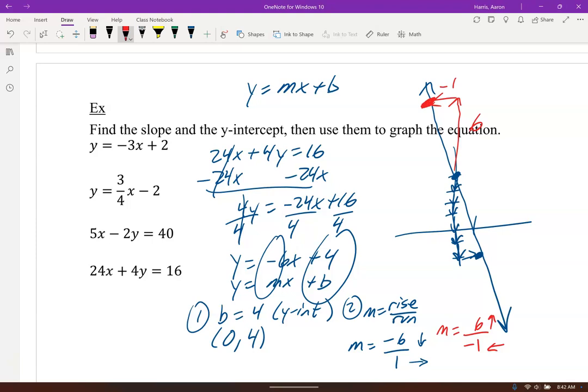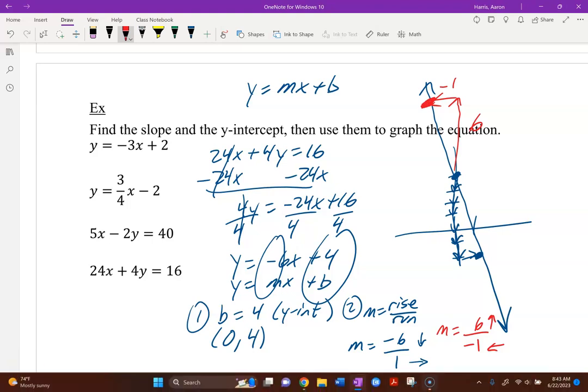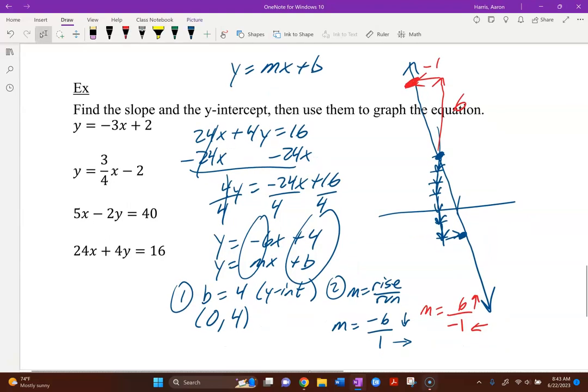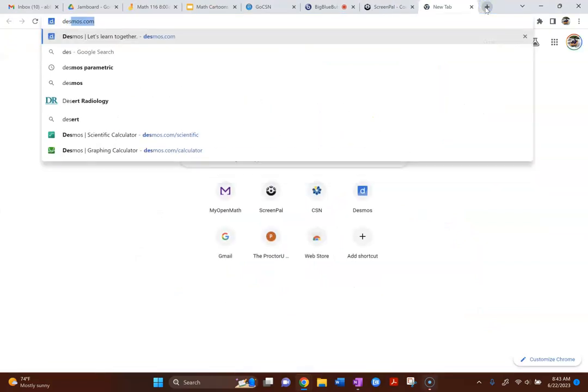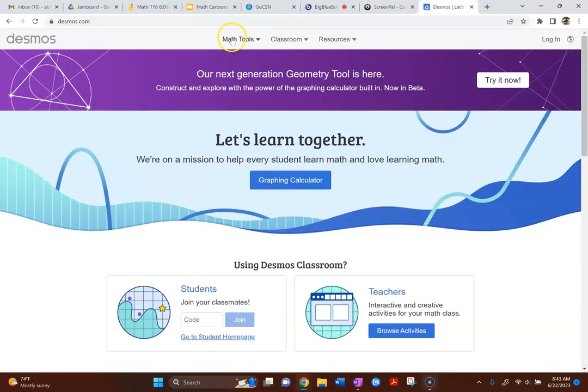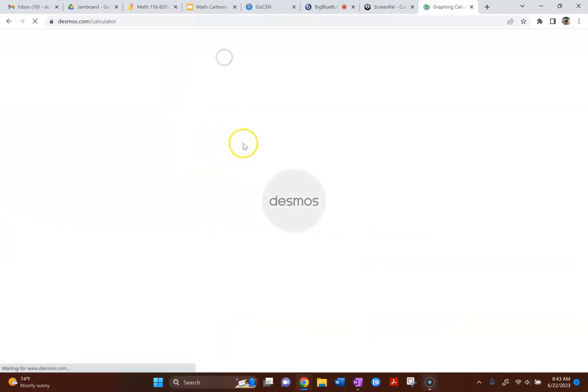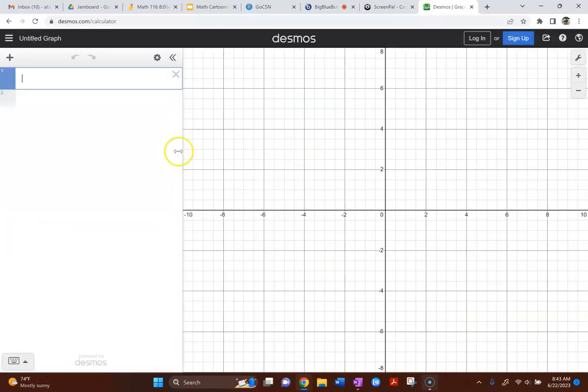Okay. And then, of course, always a good thing, do it by hand, and then you can check that in Desmos. So let's go ahead and do this last one by pulling up Desmos. Let's see here, desmos.com. Go ahead and pull up that graphing calculator. And we can punch in 24x plus 4y equals 16.